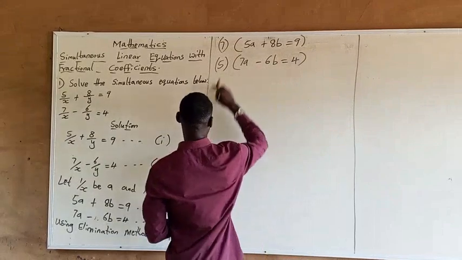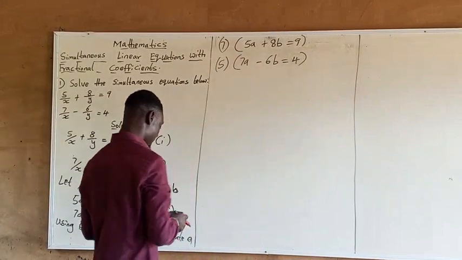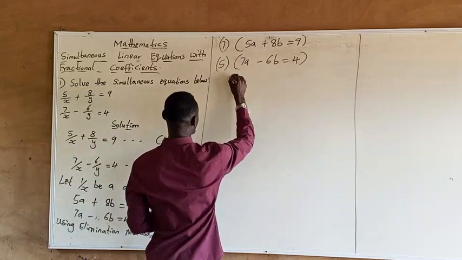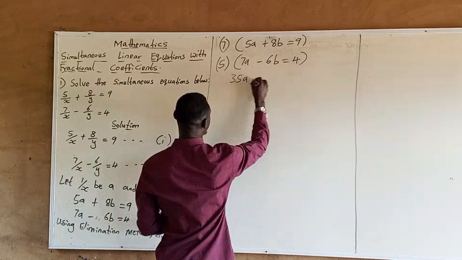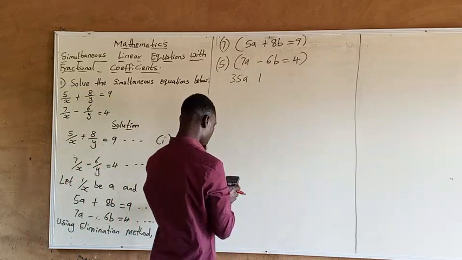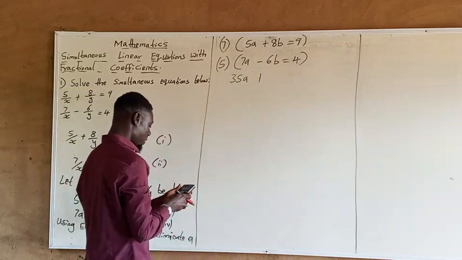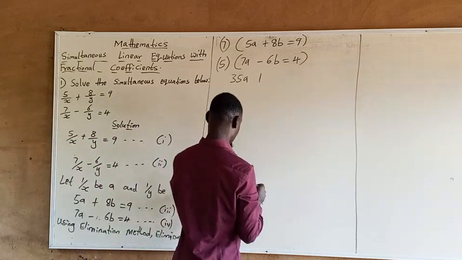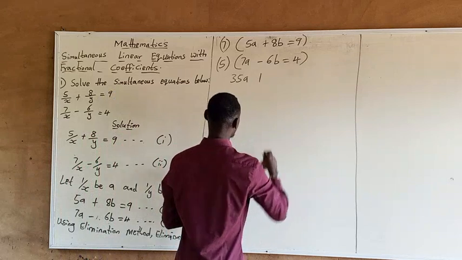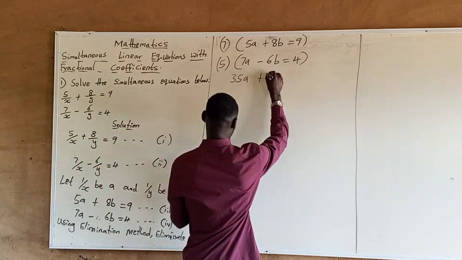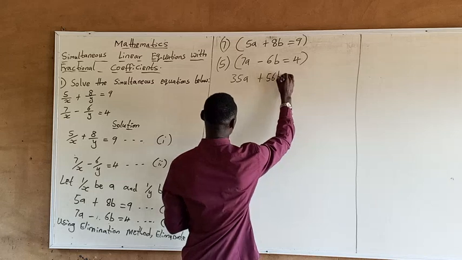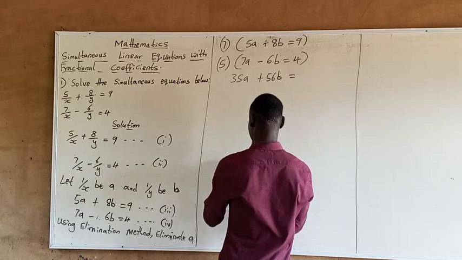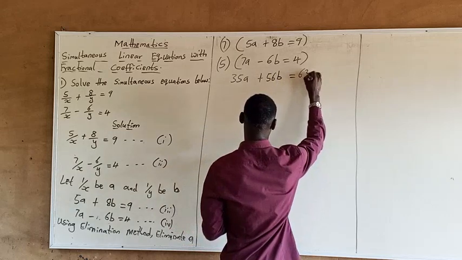Observe, when we multiply, 7 times 5a will give us 35a, plus 7 times 8 will give us 56b, is equal to 7 times 9, which will give us 63.